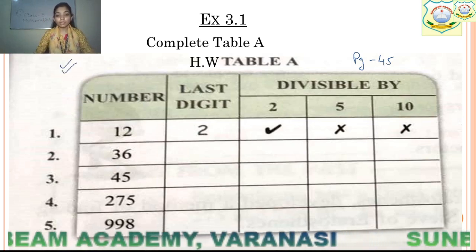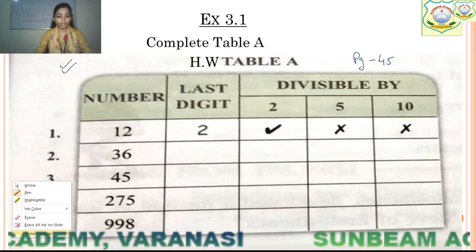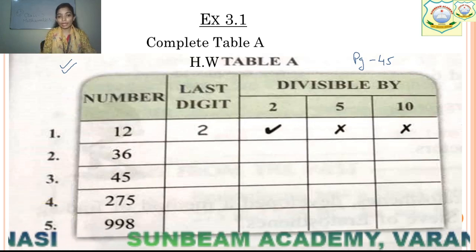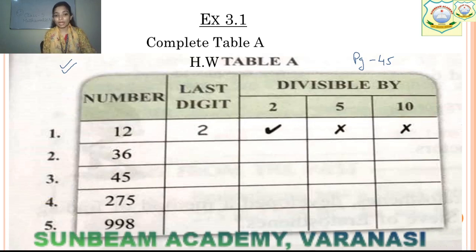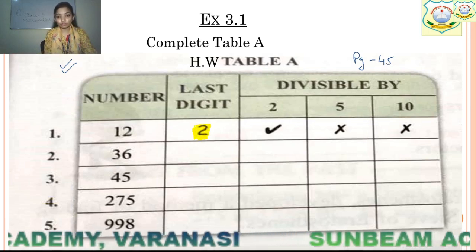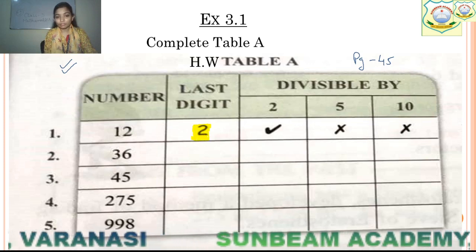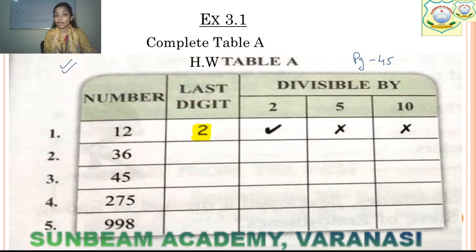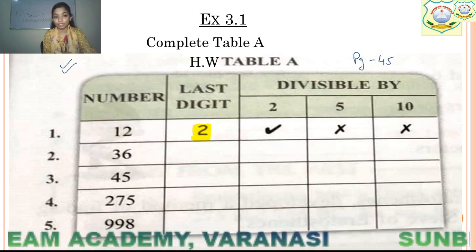Now see here, the first one is already done. The first number is 12 and you have to write the last digit. Here in 12, the last digit is 2, right? We only have to write the last digit, or the ones place. Remember that.